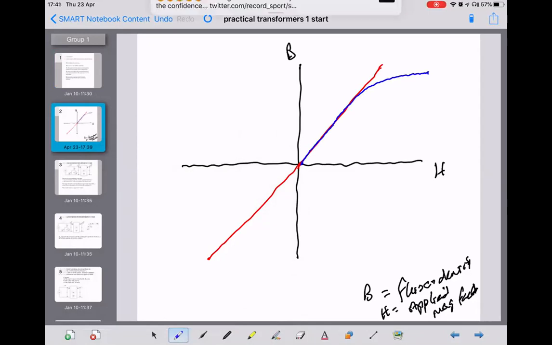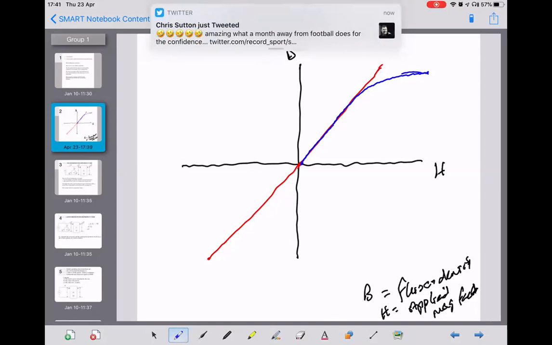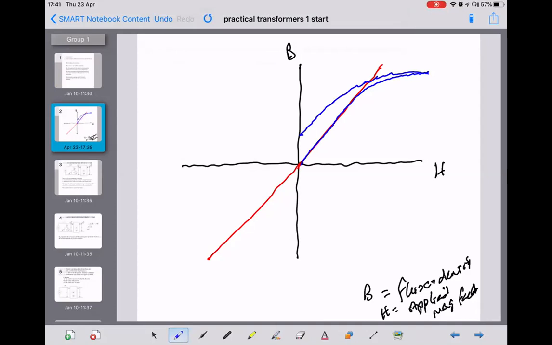Then, when you take all your current off, it doesn't fall all the way back to zero. You have to apply a certain amount of reverse magnetic force to get it to go back in the other direction, and then it saturates in the reverse direction, and then again on the next cycle it will do that. You might have seen a BH curve before, you might not.